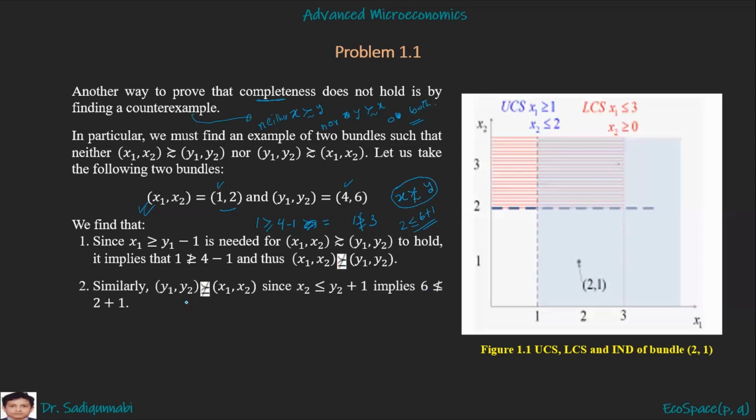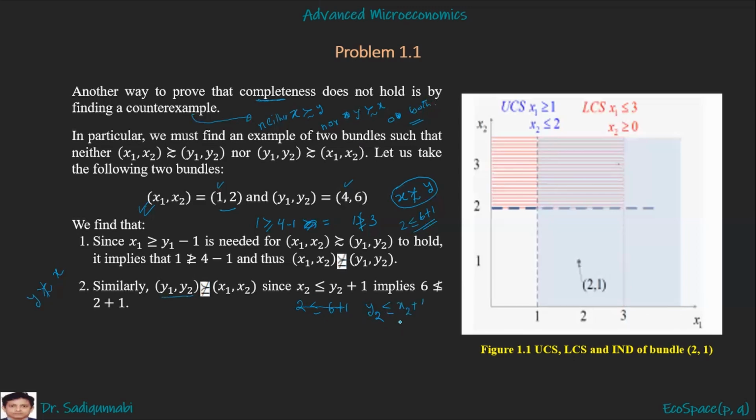Similarly, we can say that y is not weakly preferred to x if we take the second component. So y2 should be less than or equal to x2 plus 1.